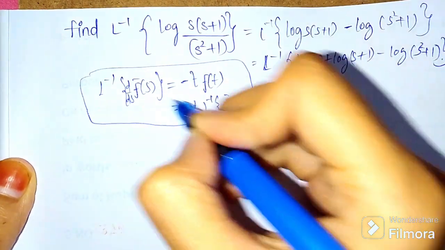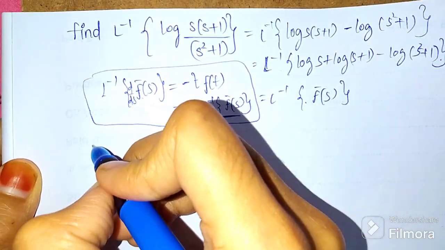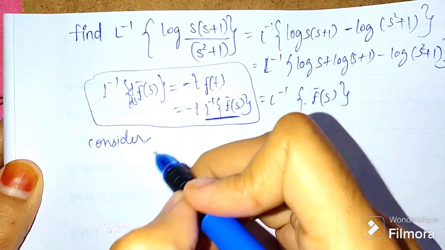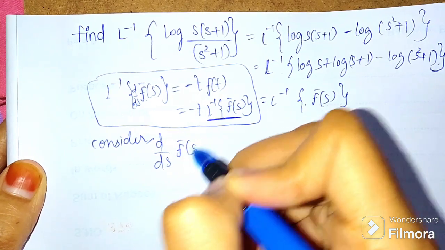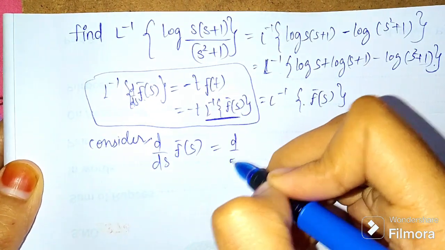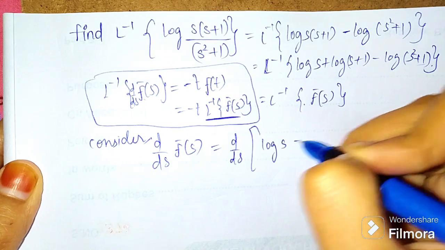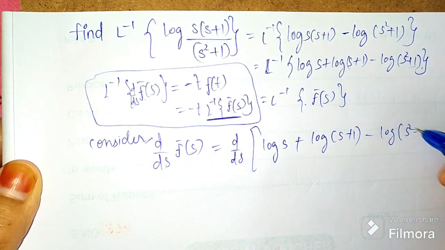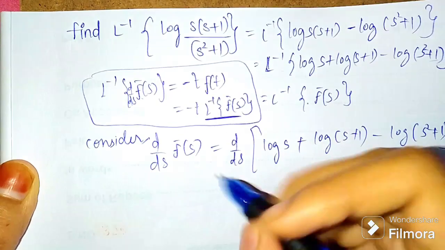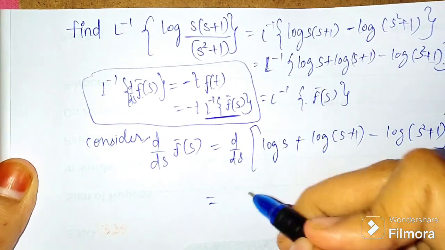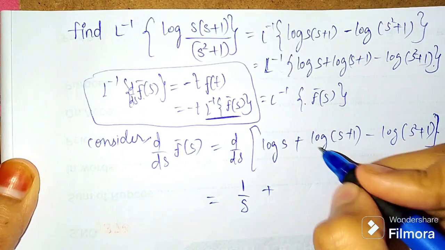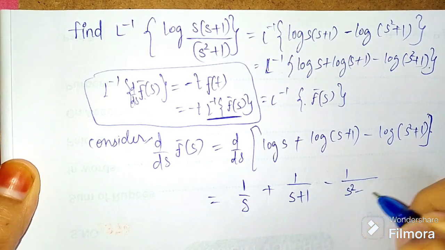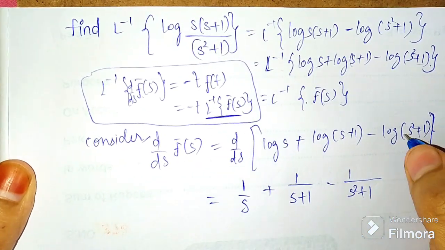This is the term. So I have to find this term. So let me consider, what should I consider? The derivative of f bar of s, which is the derivative of this whole term, log s plus 1 minus log s square plus 1. Okay. So now what is the derivative of log s? 1 by s. The derivative of log of s is 1 by s plus 1. For this it is minus 1 by s square plus 1. And the inner derivative also will be there, no?